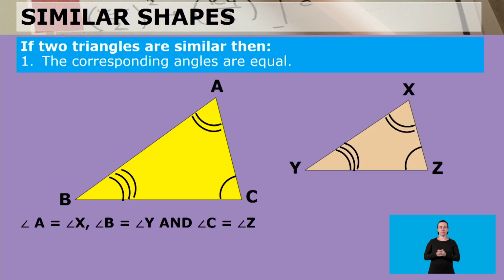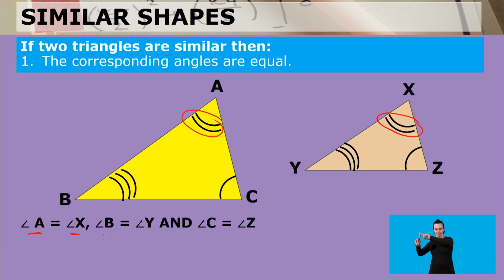The first one is that the corresponding angles are equal. Let's look at triangle ABC and triangle XYZ. As stated there, angle A equals angle X. We have a double marking there and a double marking on angle X, so those are the two angles that are equal.